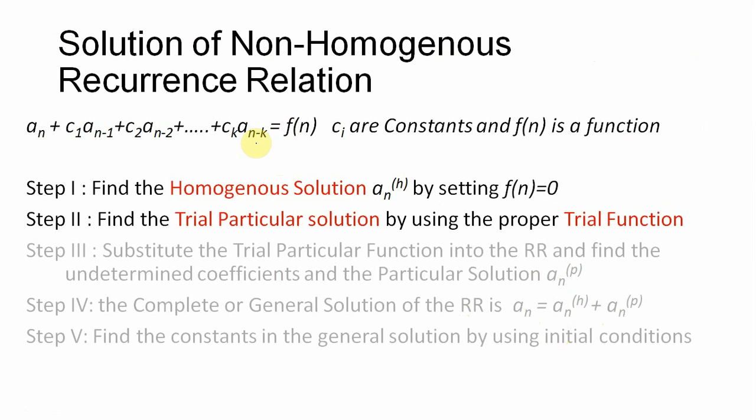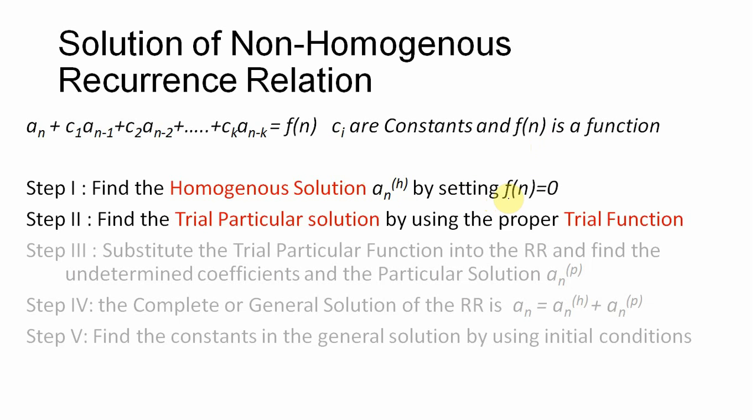Once again, if this is the recurrence relation where the ci are constants and f(n) is a function, first of all, we will find the homogeneous solution a_n^(h) by setting f(n) equal to 0, as I already mentioned. If you want some help regarding how to find the homogeneous solution, I suggest you refer to the previous video that I have uploaded, the one where we found the homogeneous solutions.